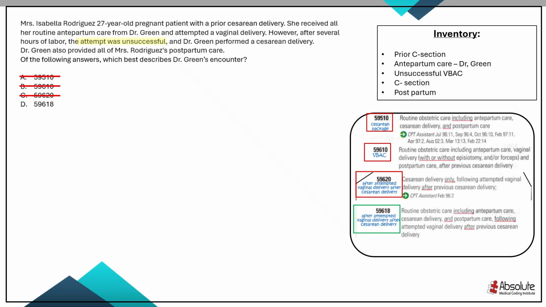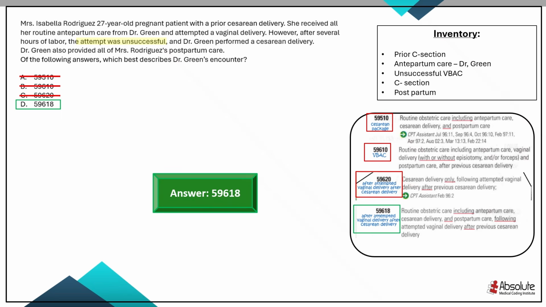Also, it covers postpartum care. And this is a package code. So your correct answer is option D, 59618. Amazing, coders. You all have rocked throughout this delivery coding section. So great job, and you have done great work.